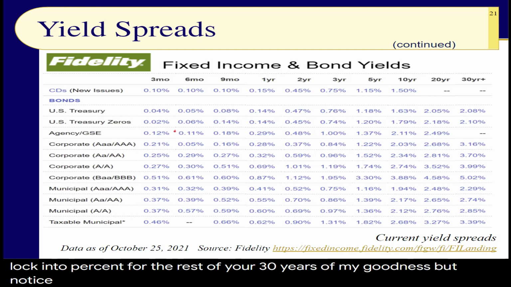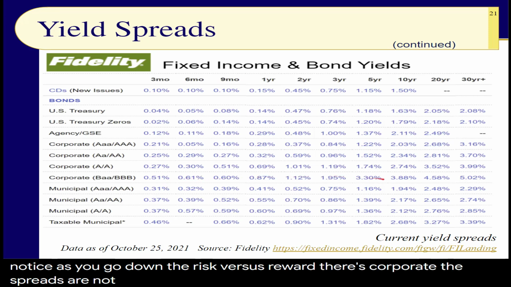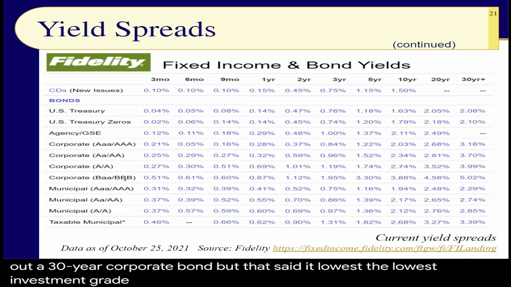But notice as you go down the risk versus reward, there's corporate, the spreads are not that great actually. Well, here you are. You'll get 5% if you take out a 30-year corporate bond, but that's at its lowest, the lowest investment grade, BBB. Yeah, not the greatest of interest rates these days.